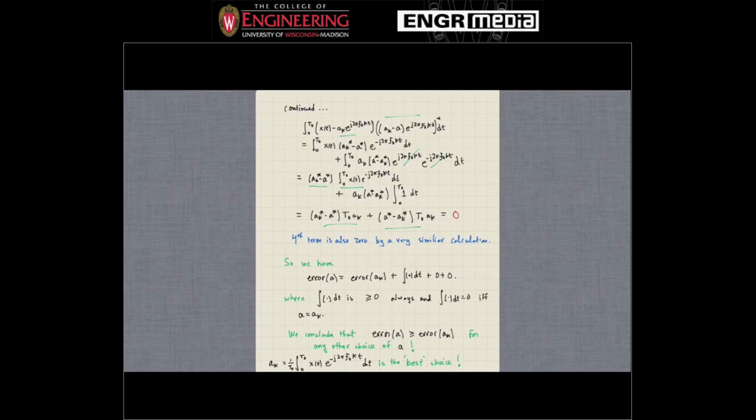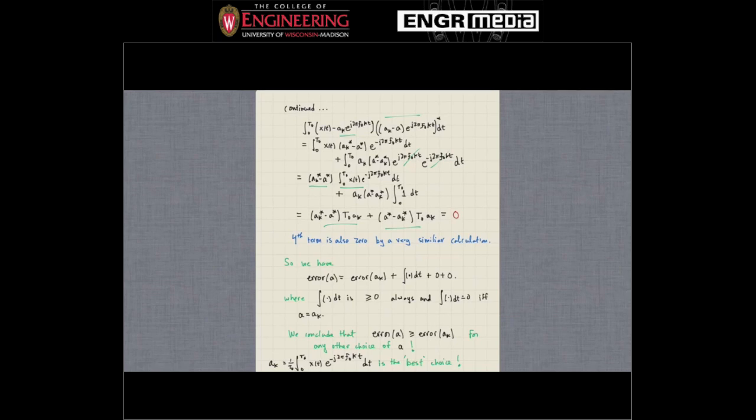So to rewrite these four things, which I have written here, the error of a is now equal to the error of ak plus some positive number plus 0 plus 0. And that positive number is equal to 0 if a equals ak, just to restate myself.